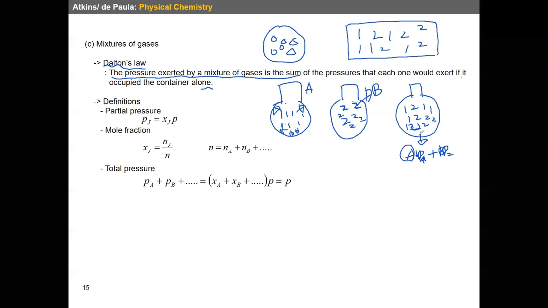In the same way, the pressure by gas two can also be calculated: the fraction B multiplied by the pressure P2. Then just by summing the two, you get the total pressure from the mixture of these gases. This is called Dalton's law.